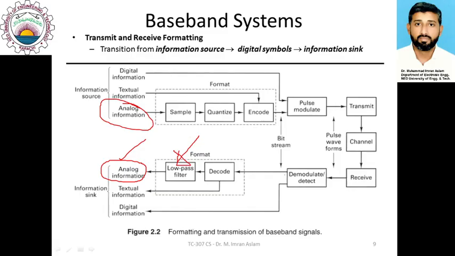Practically, a low pass filter can perform the function of digital to analog conversion, provided we have appropriately adjusted the frequency or bandwidth of that low pass filter. From that low pass filtering process, the digital information is converted back to analog information, which is then delivered to the information sink.